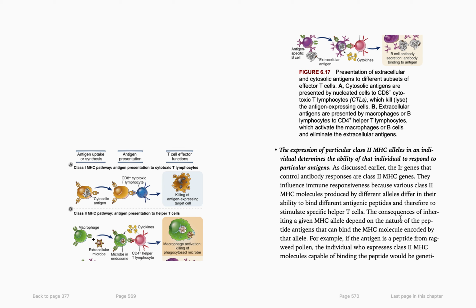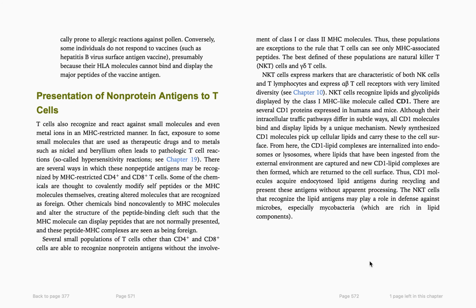The causes of inheriting a given MHC allele depend on the nature of the peptide antigens that can bind the MHC molecule encoded by that allele. For example, if the antigen is a peptide from ragweed pollen, the individual who expresses a class 2 molecule capable of binding the peptide would be genetically prone to allergic reaction against pollen.